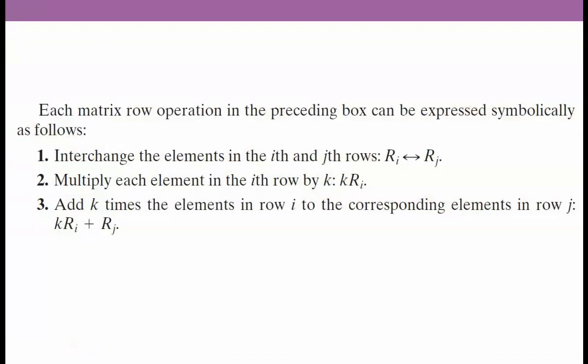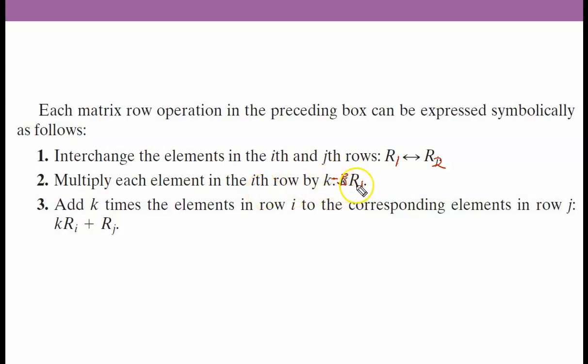So repetition is great. So for item 1, interchange the elements of one row with another row. This is the symbolism for it. Multiply each element in a particular row by some number. So this would be, let's say, row 1, that you're going to multiply everything in row 1, let's say, by a negative 3.